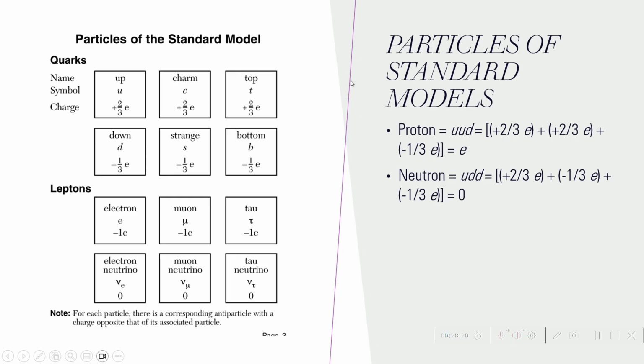The anti-charm has a negative 2/3 charge. It has the same magnitude, but just the opposite charge. The only ones that don't have the opposite charge are ones that have 0, like an anti-muon neutrino, which is a 0 charge. So the opposite of 0 is 0 still. But yes, the anti ones just swap the charge around.